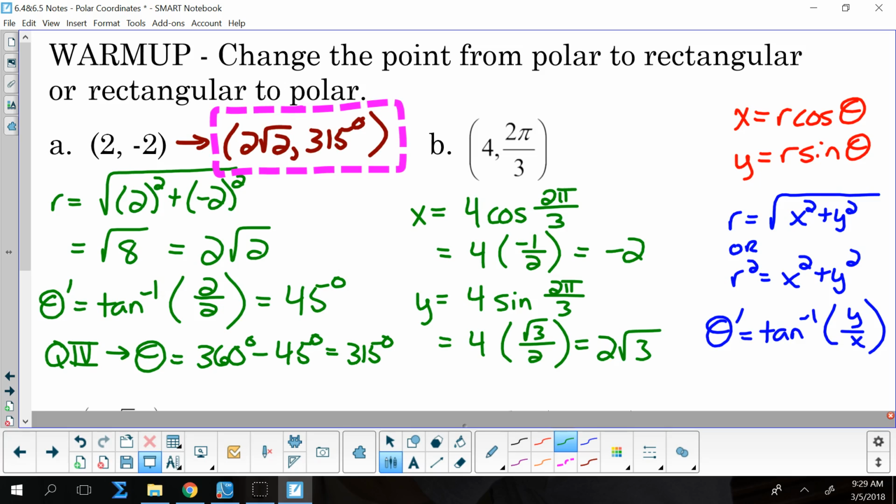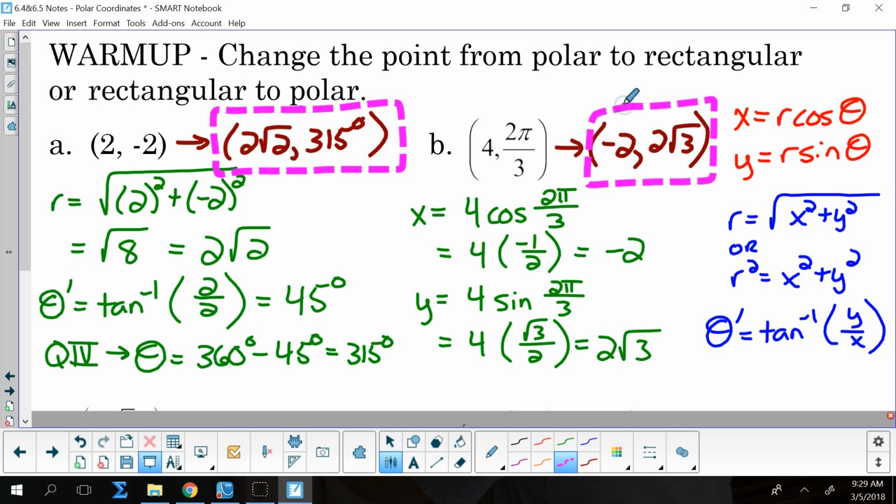Because we're exact on the unit circle, we're going to go exact in our answer. So that gives me this in rectangularness of negative 2, 2 square roots of 3. Okay?